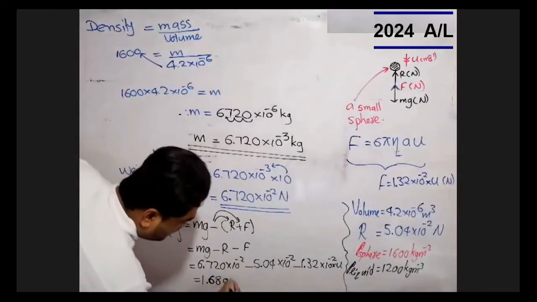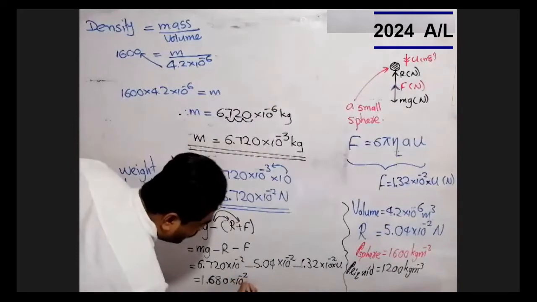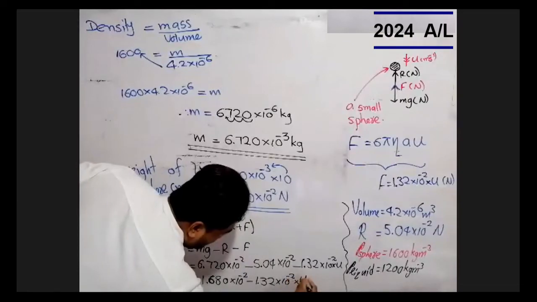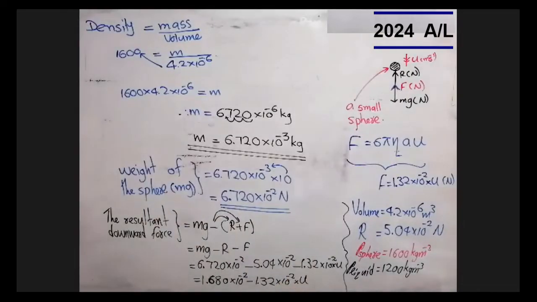So 1.68 times 10 to the power minus 2 minus 1.32 times 10 to the power minus 2 times u. So this is the final expression for the resultant downward force. Write them all here.